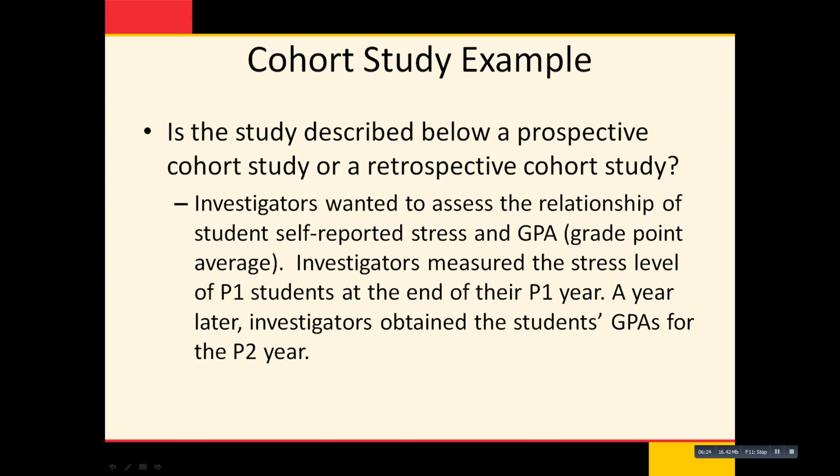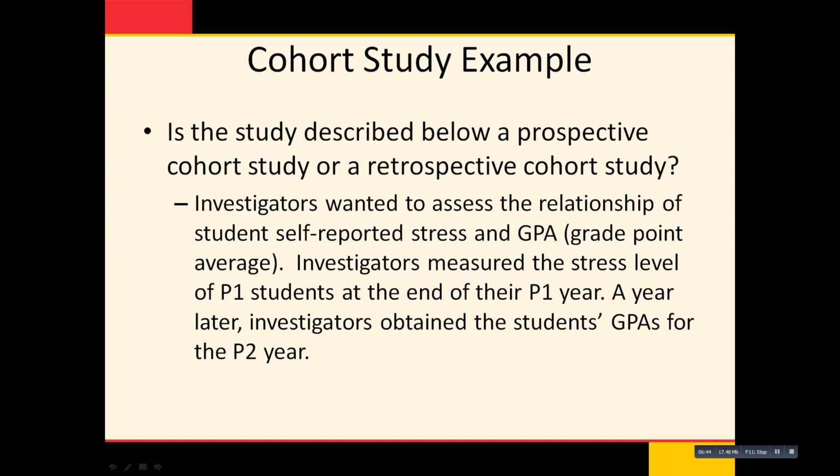Now, let's say you looked at P4 students and went back during their P4 year and looked at their stress level in P1 and then their GPA in P2. That would be a retrospective cohort because the stress and the GPA have already happened.